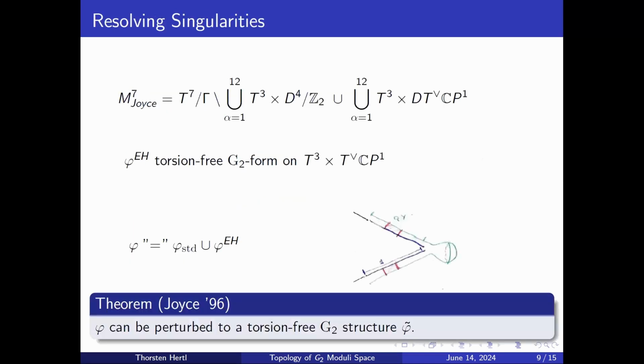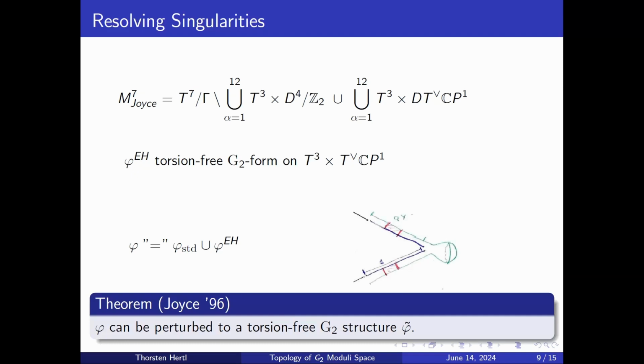The reason is that if I chop off this cone tip, I get a manifold with boundary. The boundary is T^3 times RP^3, 12 copies of it. And the disk bundle of the cotangent bundle of CP^1 is a manifold with boundary. The boundary is again RP^3. So we can glue these things together at a common boundary.